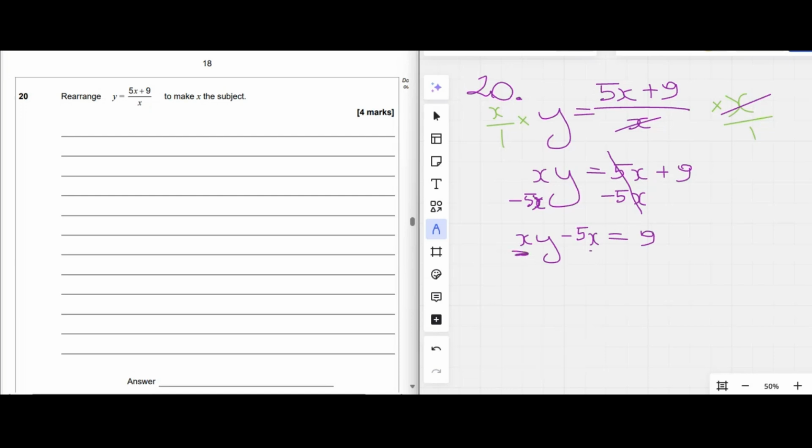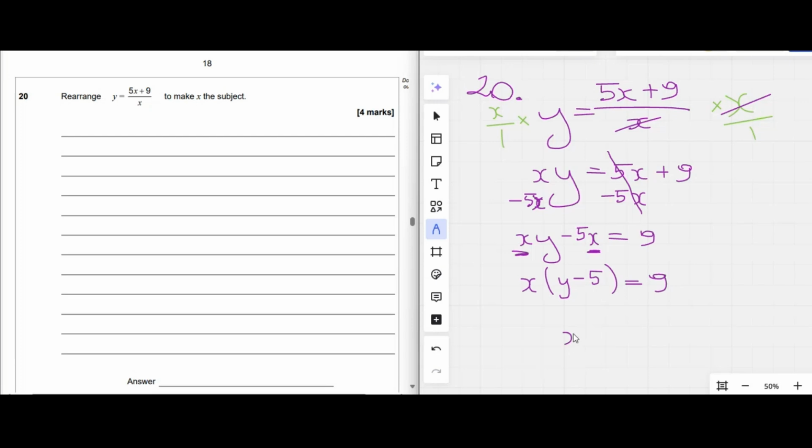And here, x is a common factor, so let's factorize it. Put x in front of the parentheses. From the first, it will be y, and from the second, it will be -5. Equals 9.